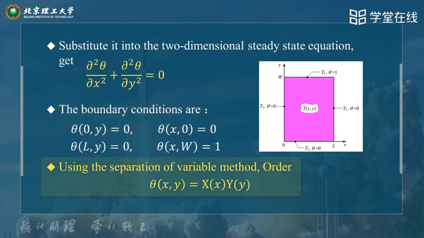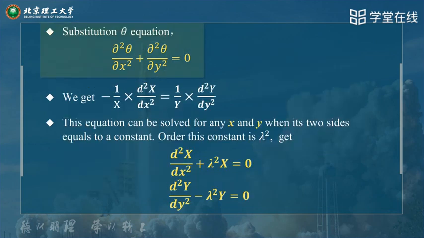Using the separation of variables method, we set theta(x, y) equals capital X(x) times capital Y(y). Substituting into the theta equation, we obtain minus 1 over X times d squared X over dx squared equals 1 over Y times d squared Y over dy squared.